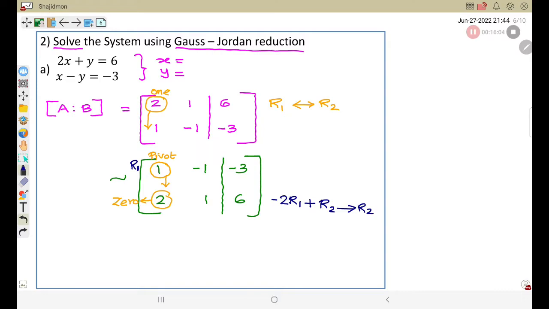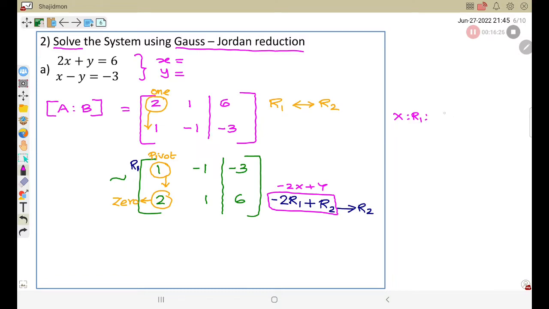Minus 2 times R1 plus R2 gives R2. So you can enter into your calculator this rule like minus 2x plus y, or you can do it manually also. So better by calculator. x means the first row, row number 1.